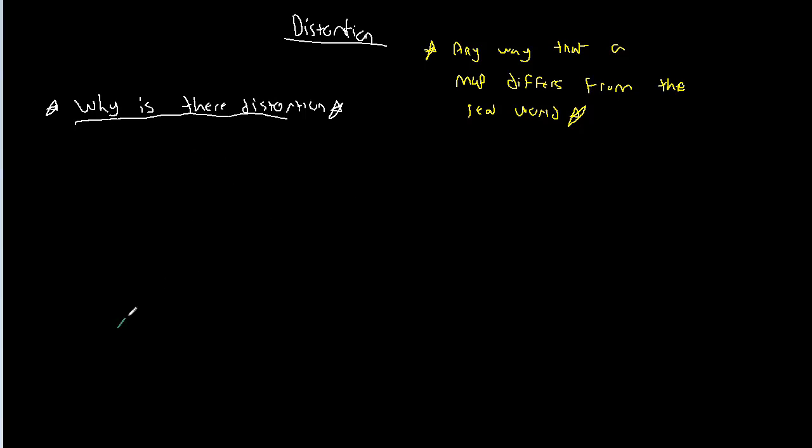I'm going to draw this a little differently because I think it's a little bit easier to envision horizontally rather than vertically, right? But we have this idea of the projection source. We have the reference globe.